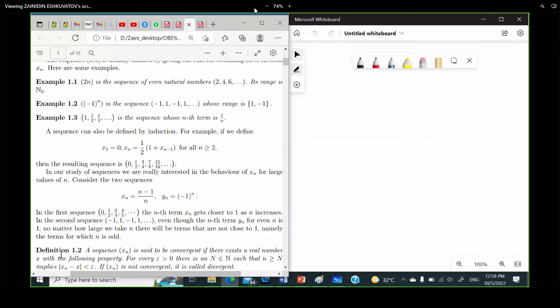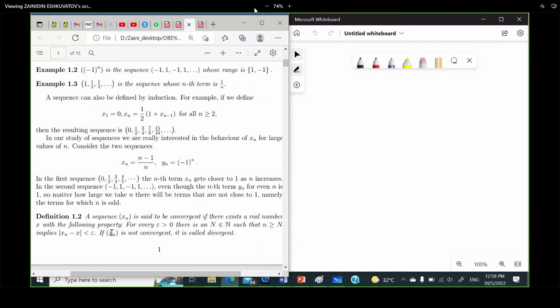I hope you already know the notations: the bracket is listing the elements of the sequence, and the brace shows the range of the sequence.